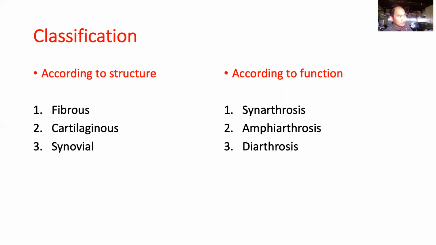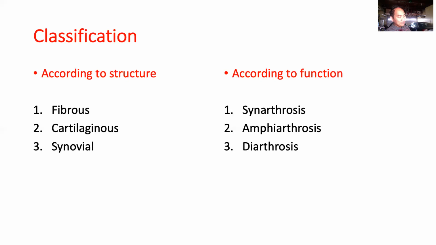Another way to classify joints is depending on their function. Synarthrosis: arthrosis means a joint, syn means together, which means the joint doesn't move. It's fused.